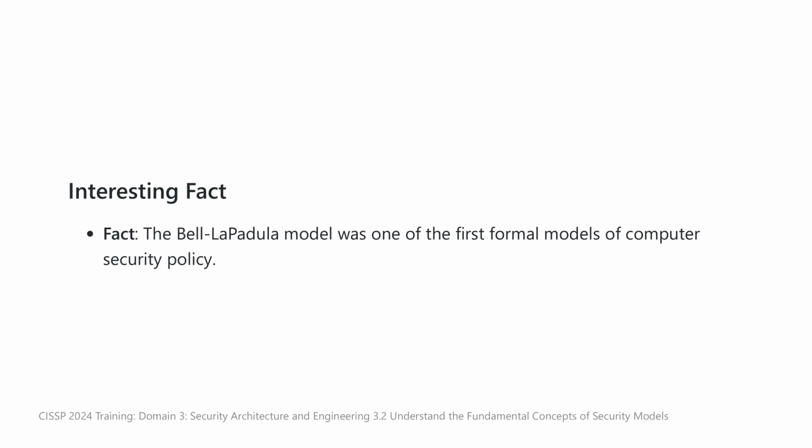The Bell-LaPadula model is noteworthy for being one of the foundational formal models in computer security policy. Established to maintain data confidentiality, this model sets the groundwork for how information access is governed based on varying clearance levels. It introduces two primary rules: the simple security property, which prevents reading information at higher security levels, no read-up, and the star property, ensuring users cannot write information to lower security levels, no write-down.